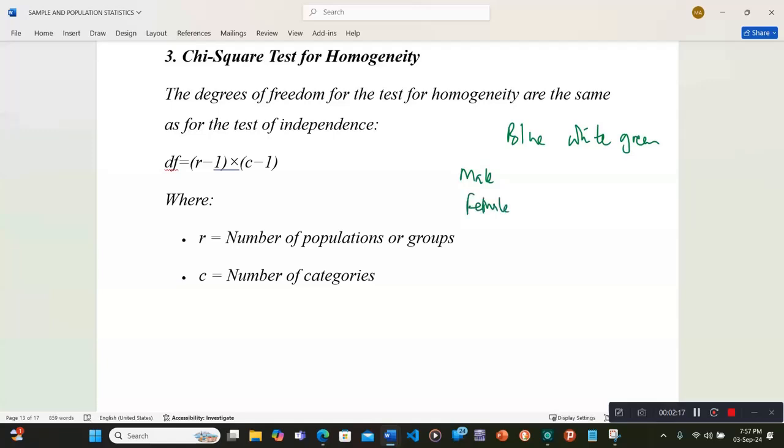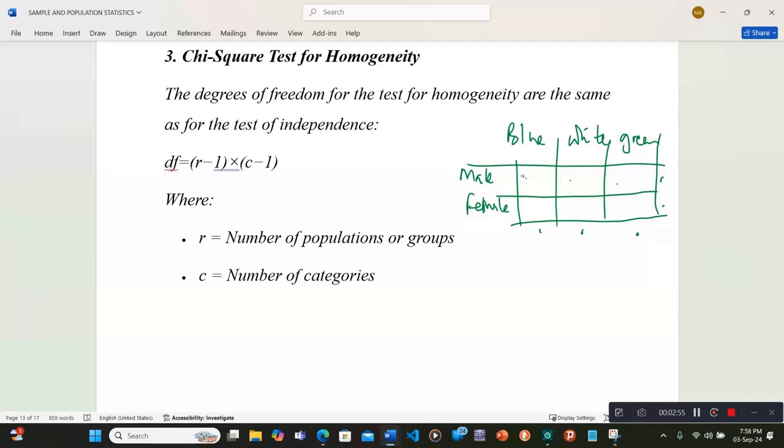Now each of these has got the observed and then the expected. So you have values in here. So you have 1, 2, 3, 4. So you can put the total here, and for the female you put the total, for green you put the total, for white you put the total, and for blue you put the total.